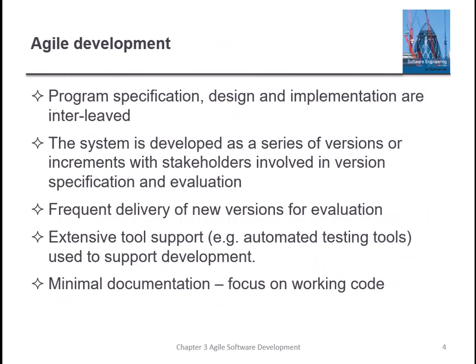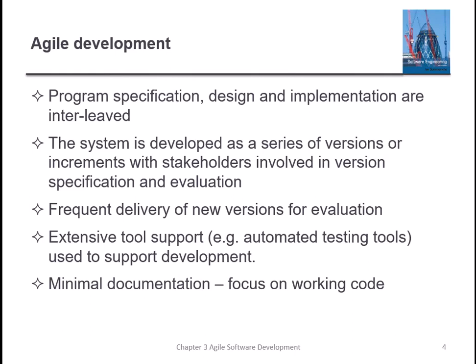In agile development, specification, design, and implementation are interleaved. The system is developed as a series of versions or increments, with the stakeholders involved in version specification and evaluation. This means in agile we will develop the system in increments, and we will assure the frequent delivery of different versions.